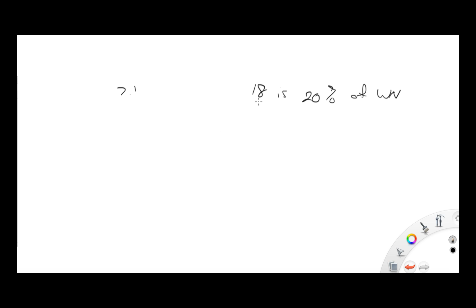Well, it asks us for percent, so we can use the percent over 100 times of equals is. What did the problem say about is? Well, it said 18 is, so we know that 18 would be this is. So let's jot that down underneath it.